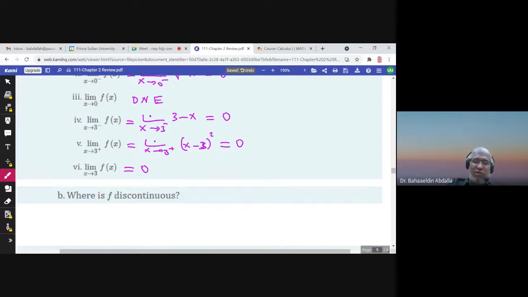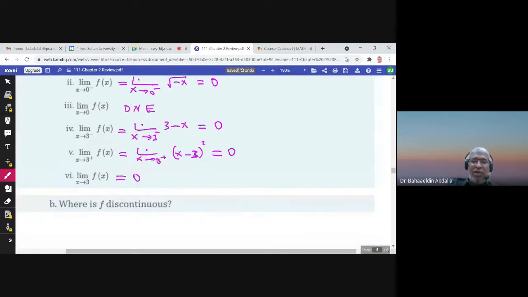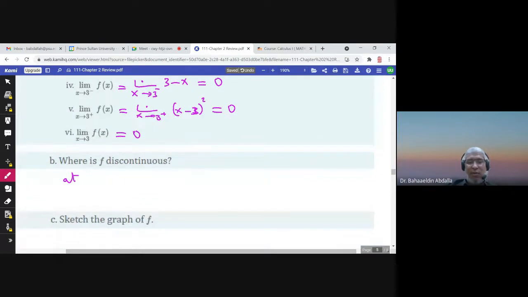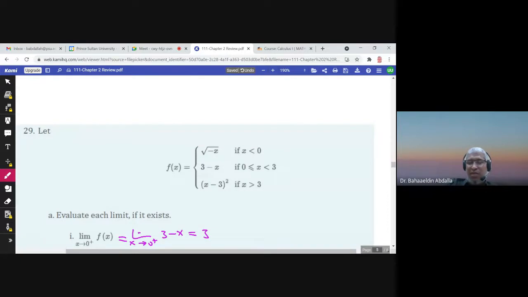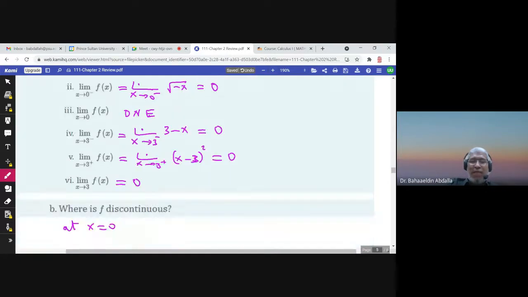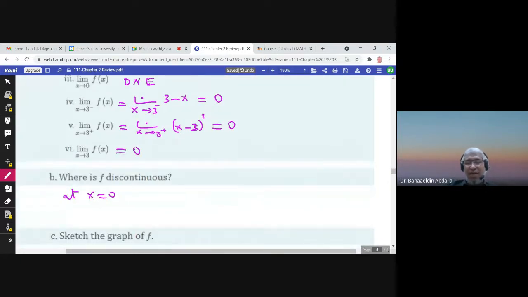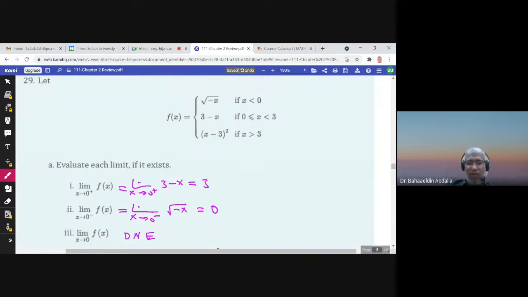Where is f discontinuous? It's not continuous at 0 because the limit does not exist at 0. And it is continuous at 3 because the limit exists and it's equal to f of 3. F of 3, by the way, is 0. So it's continuous at 3, not continuous at 0.